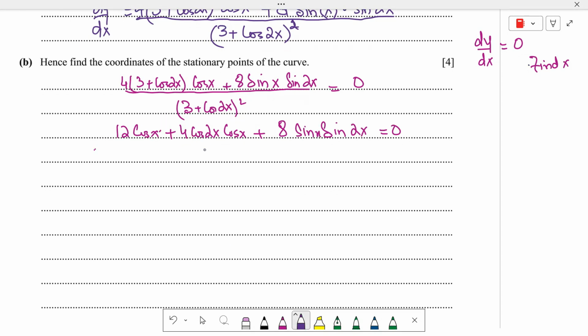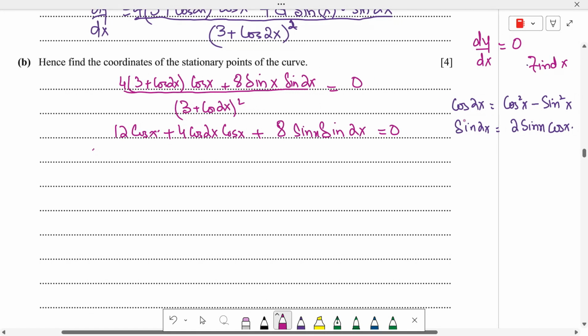So first we use the value of cos 2x, which is cos squared x minus sin squared x, and sin 2x is equal to 2 times sin x cos x.